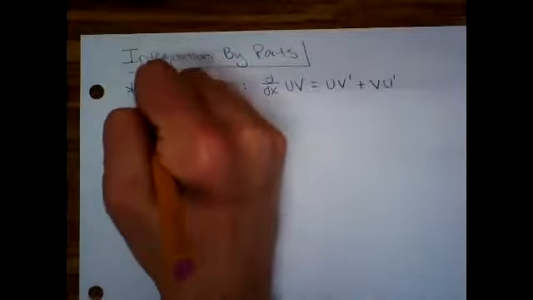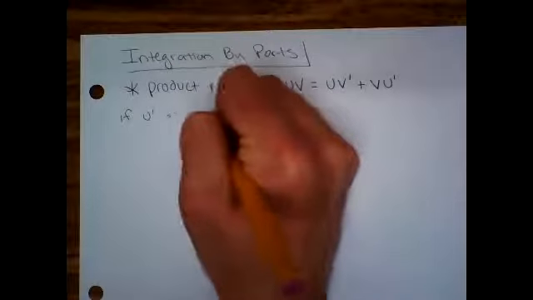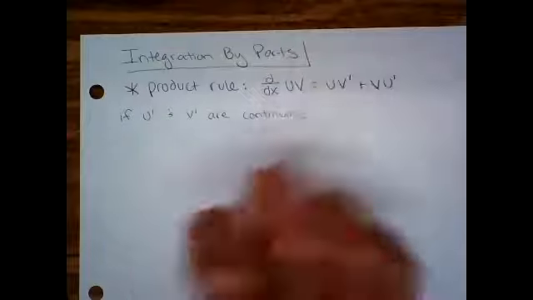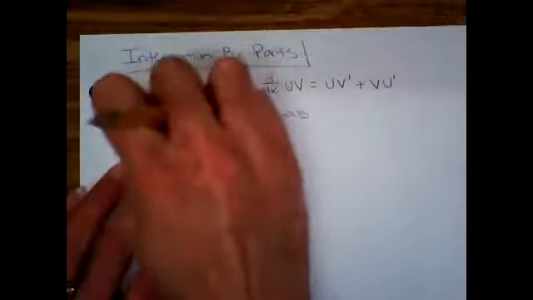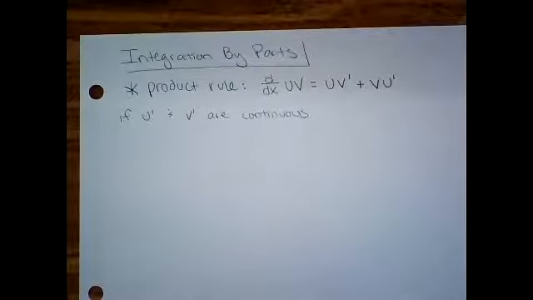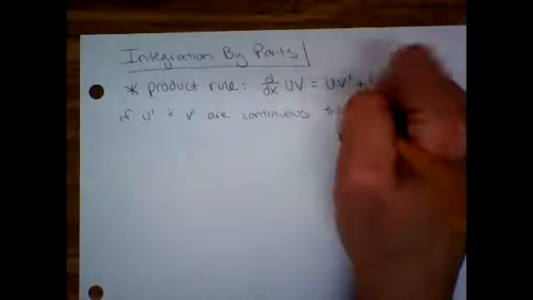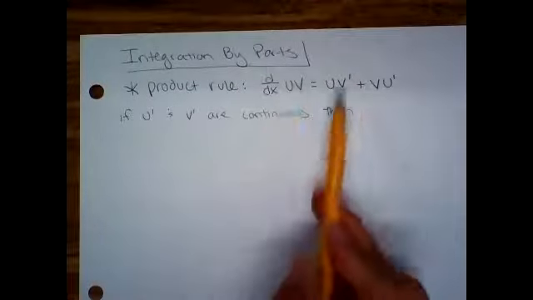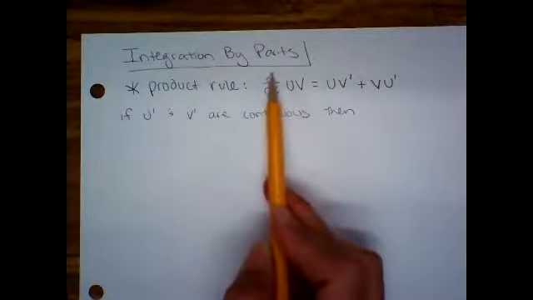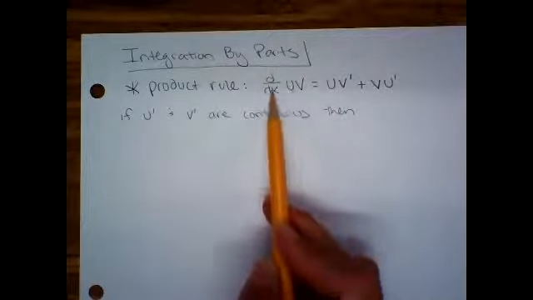So if u prime and v prime, those derivatives, are continuous, then what we're going to do is integrate both sides of this. If you integrate this side, an integral and a derivative undo each other, right?